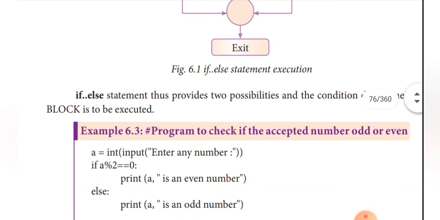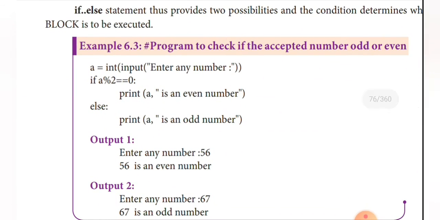Now you can see the example program for the if else statement. In this program we are going to check whether the given number is an odd number or an even number. First you want to get a number, so you want to read a value from the user. Which function is used? The input function is used to get the value from the user. So a = input("Enter any number"). If you use only the input function to read a value from the user, it is considered string data.